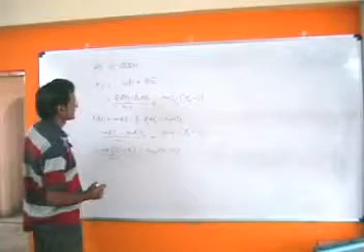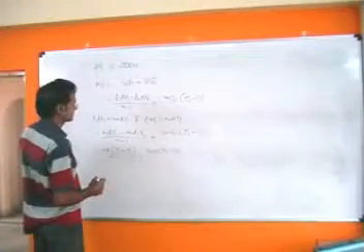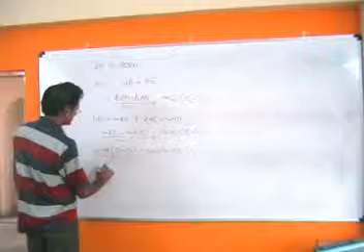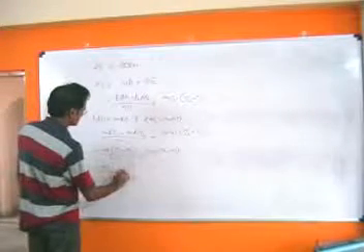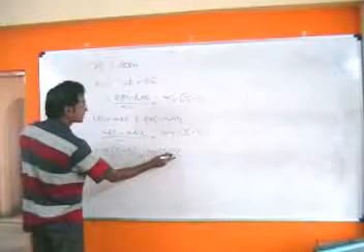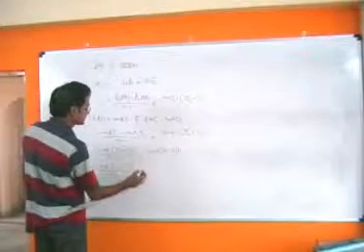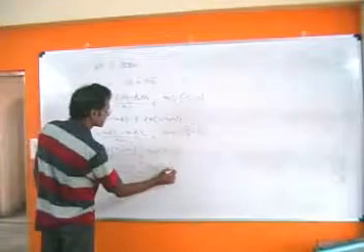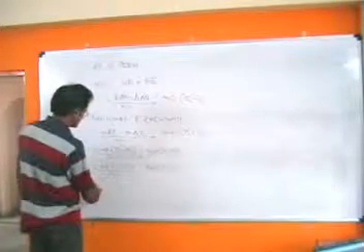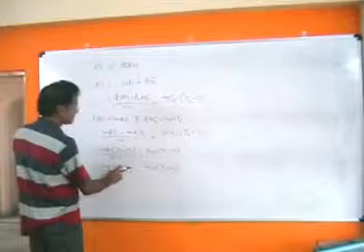So we realize that we convert this into mR into (T1 minus T2) by (n minus 1). We change the sign inside and get m Cv into (T1 minus T2). So now we have m (T1 minus T2) as common.